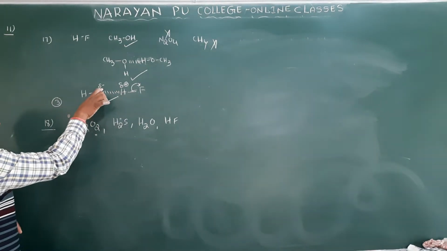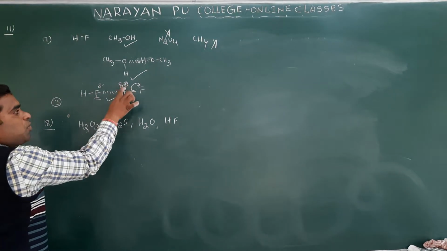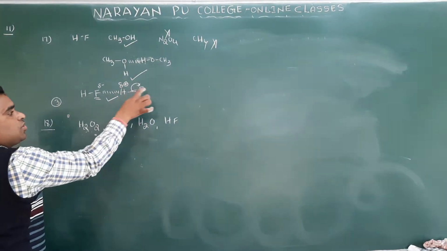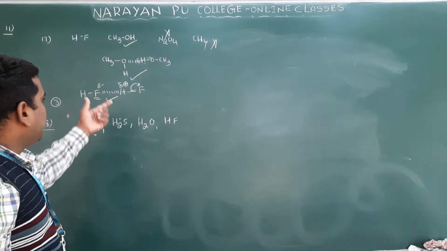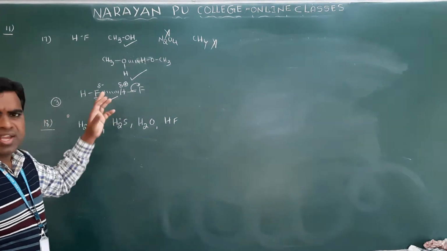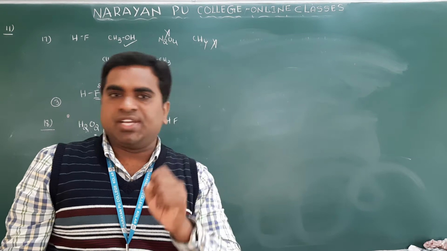Fluorine has the highest negative charge density, and hydrogen has the highest positive charge density when attached to a highly electronegative atom. Hydrogen bonding is directly proportional to electronegativity.